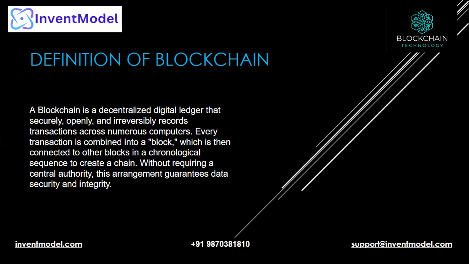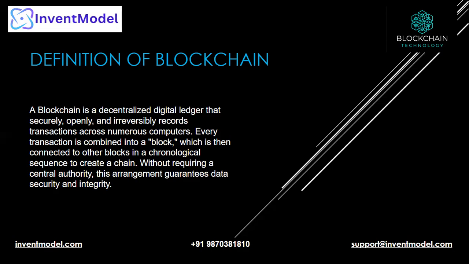But in a decentralized system, one computer is not the owner of that particular data. Suppose we have 100 computers, so all 100 computers have the same data. If a change in any data occurs, it will be visible on all the 100 computers. So it is impossible to mutate or change any data.